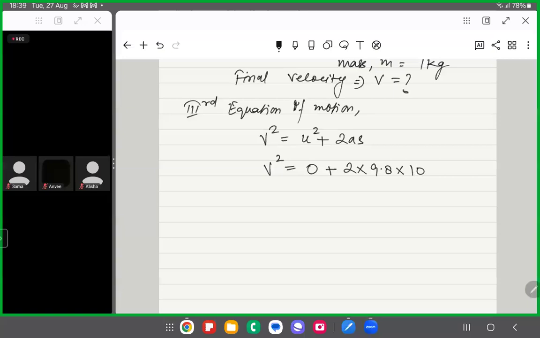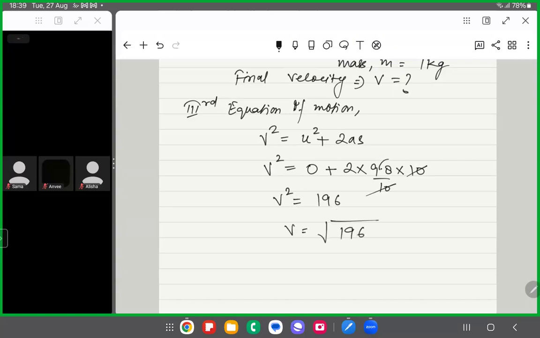So from here you can easily find the v. So 2 into 9.8 into 10 is what? 2 into 98 is 196, right? So v square is equal to 196. So what is v? Square root of 196.